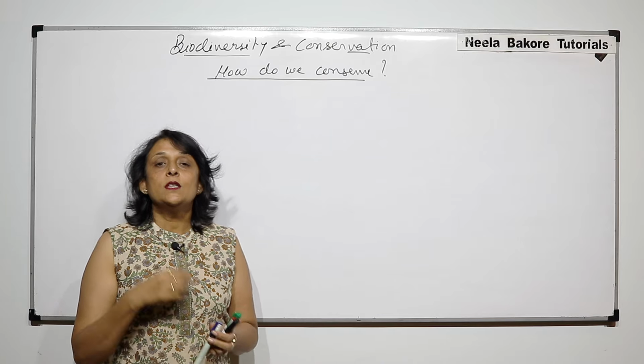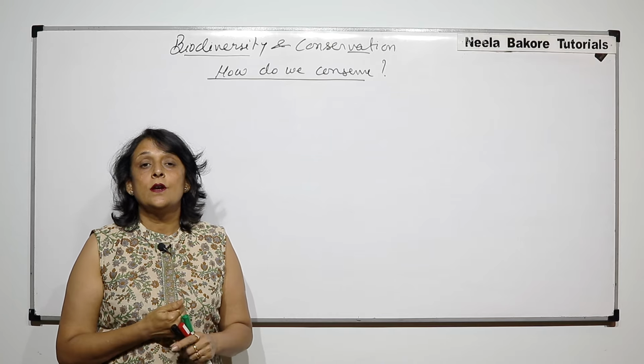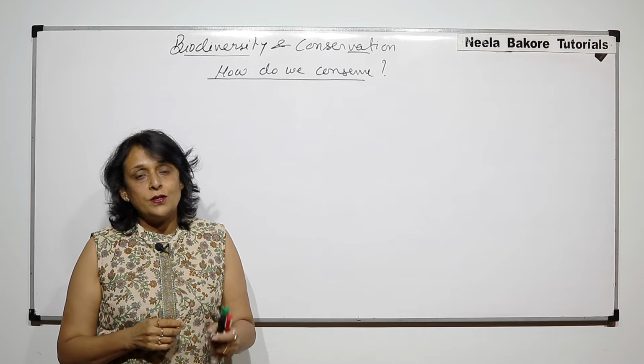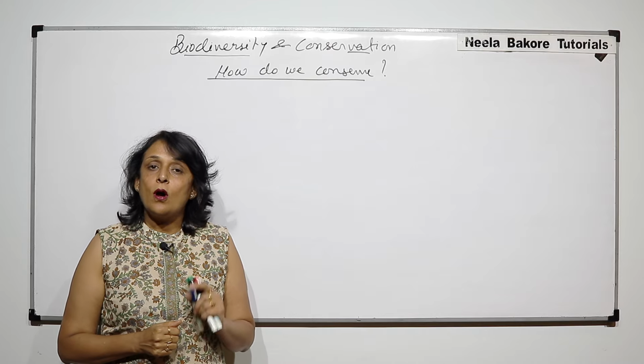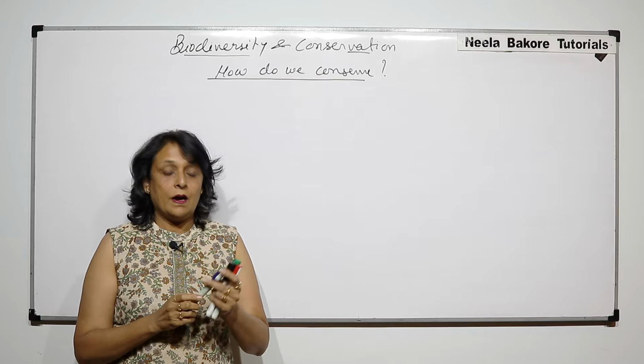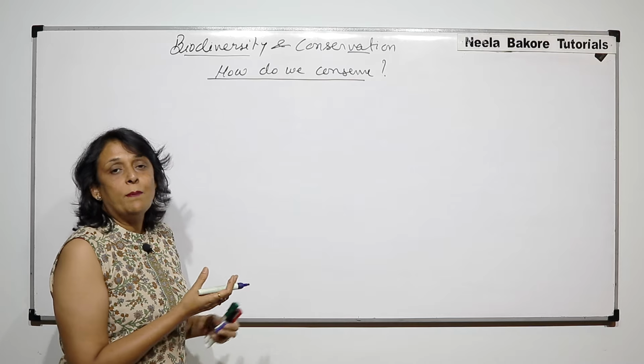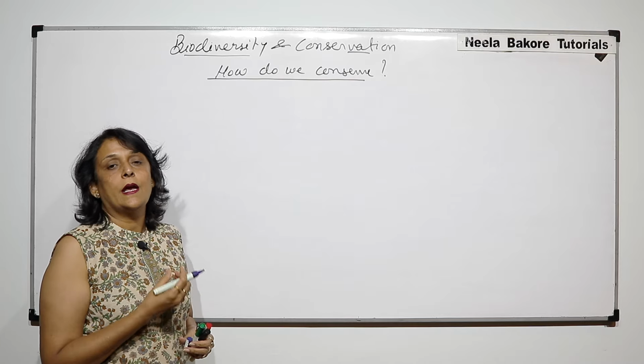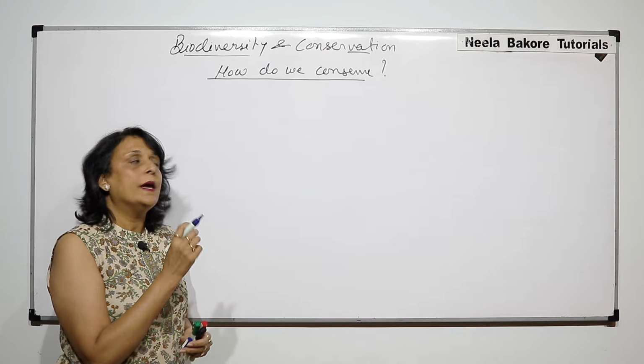How? That means, what are those measures, what are those processes by which we can conserve this biodiversity in our country. It can be applicable all over the world, it can be restricted to only India.